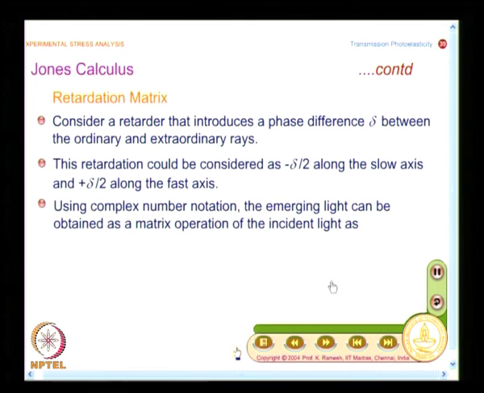We will use complex number notation and represent the emerging light. This makes our life a lot simpler, and when I do this, I can represent the retardation introduced within the model comfortably like this.